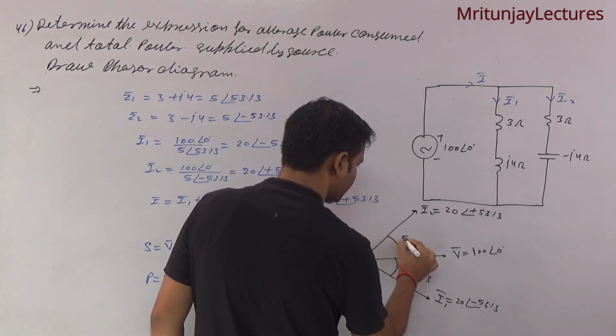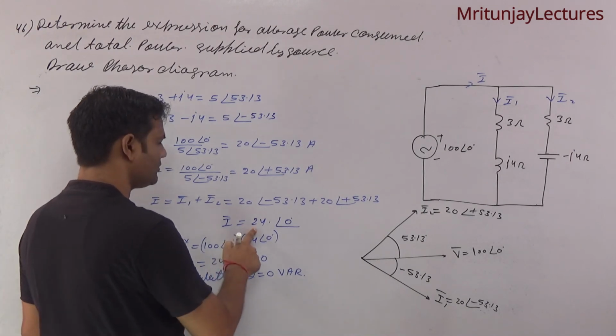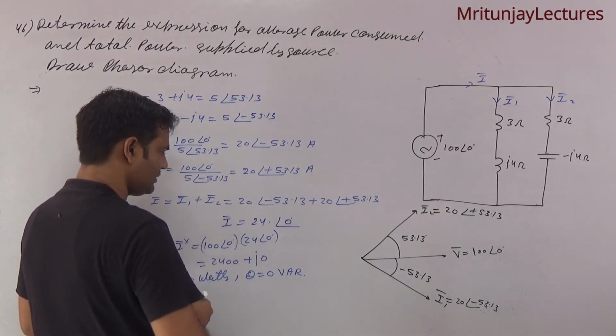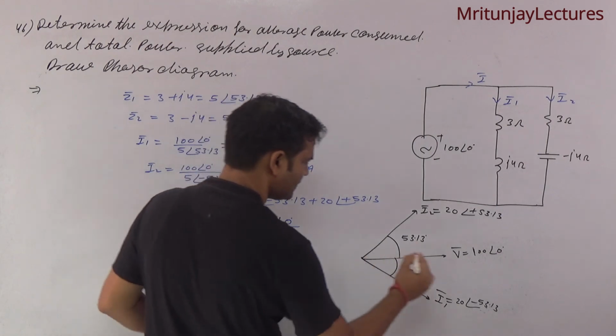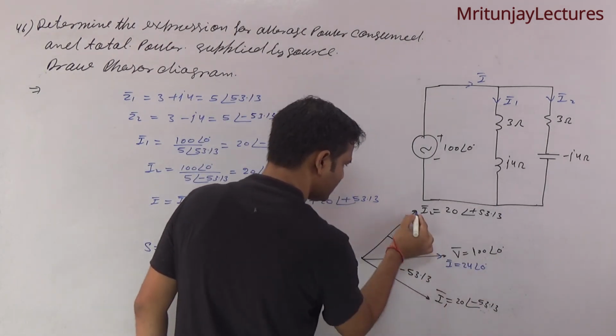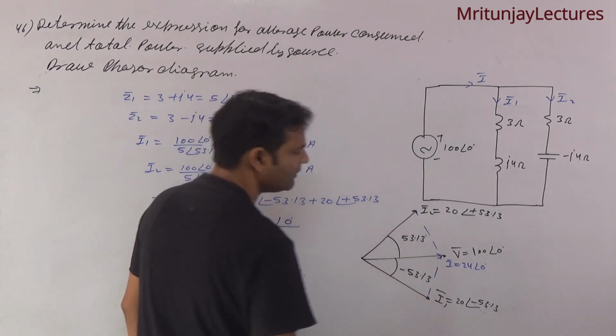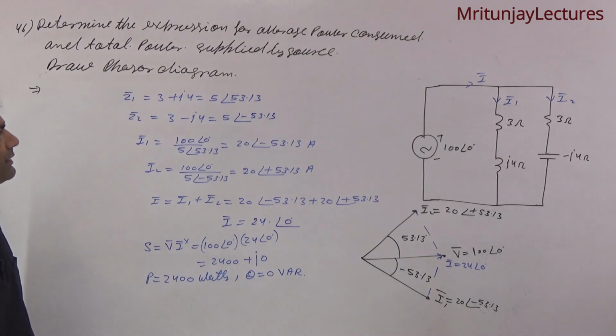Clear? Now next target is 24 at the angle 0, the resultant of these two, that is I is 24 at the angle 0. This is the resultant I. Okay, clear or not?